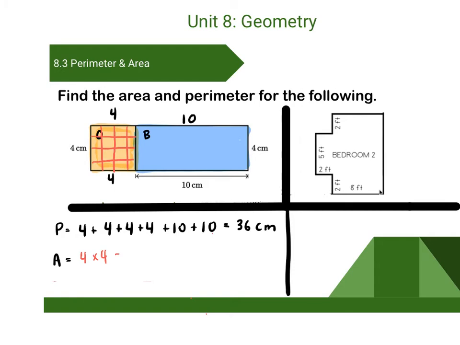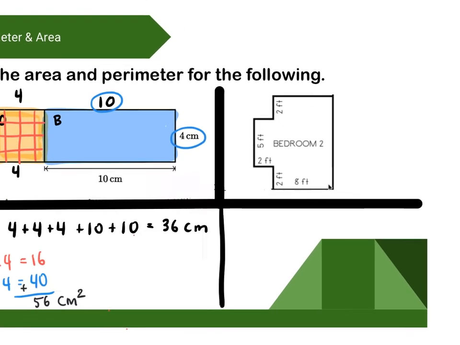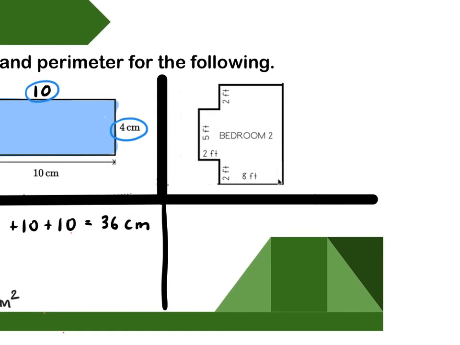That would be 16 square centimeters. And my blue one here, this is 10 by 4. So I'm going to do 10 times 4. That's 40. If we wanted to find both together, I would just add those up and get 56 centimeters squared.